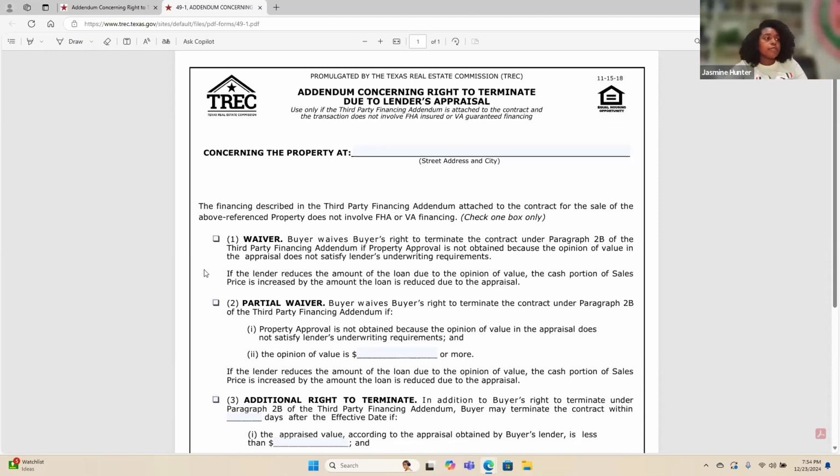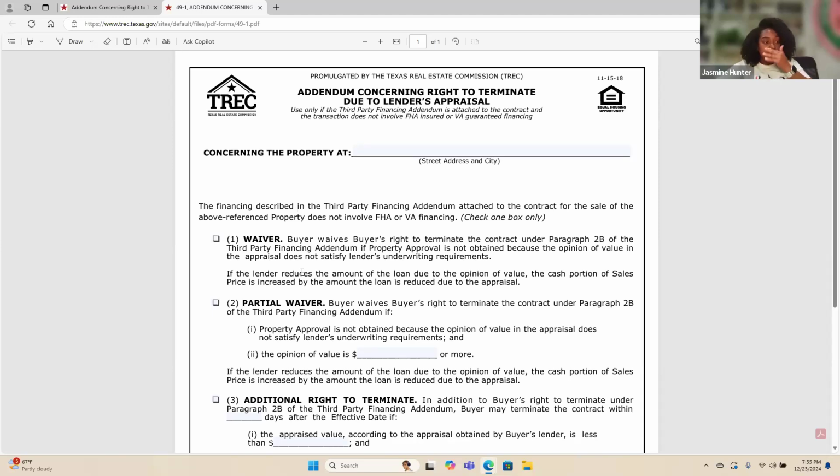Option one is a waiver. What this is saying is that the buyer is going to waive the right to terminate due to a lender's appraisal. I'm going to send this offer in with this marked, meaning if and when the appraisal comes in under 400,000, I will not have the unrestricted right or the restricted right to terminate due to this lender appraisal, because on this addendum, I'm waiving that right.